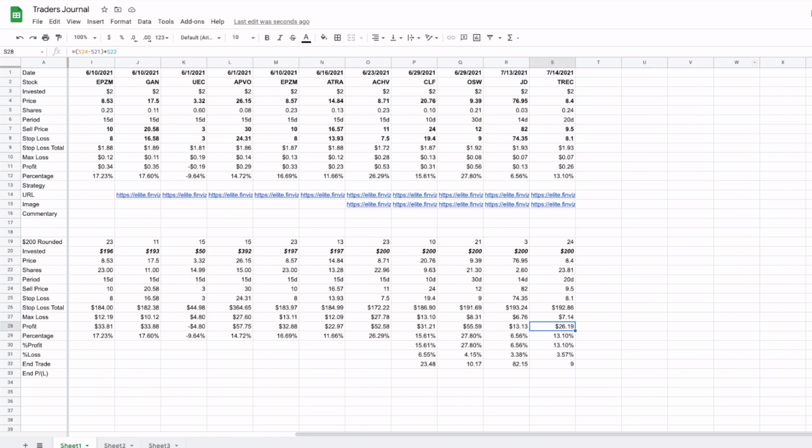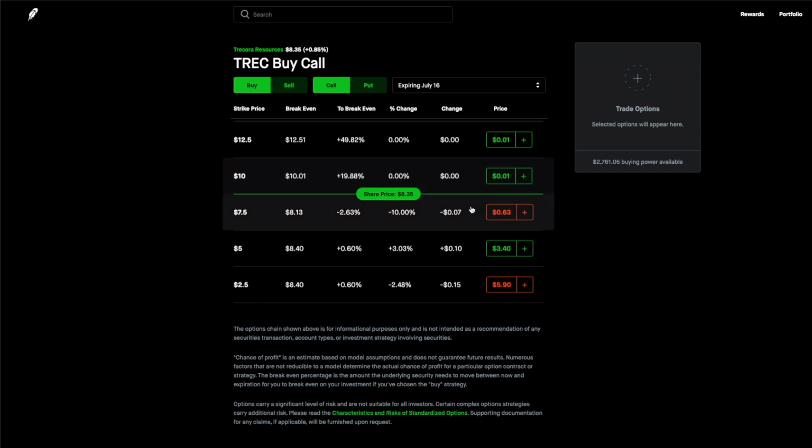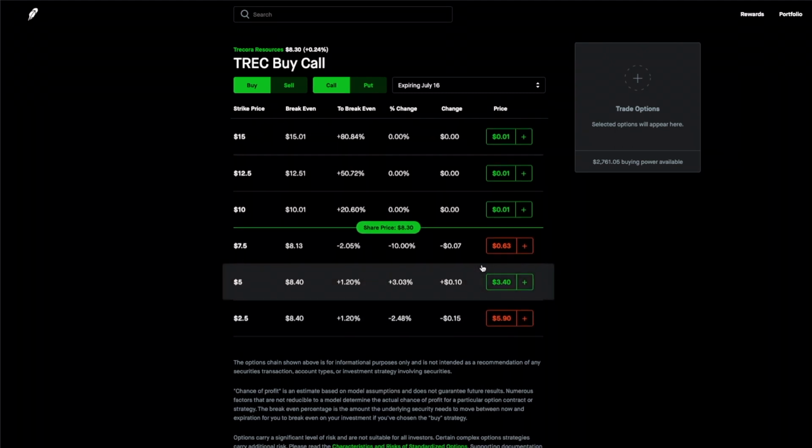But as I mentioned, there are other ways of leveraging the trade, and that's by doing, in this case, a call option, because we're predicting it's going to go up. So you can buy an option with a strike price, and the options are pretty cheap, as you can see here, and you can leverage it in, and really what you're doing is, for less cash down, you're buying a whole lot more of the stock.